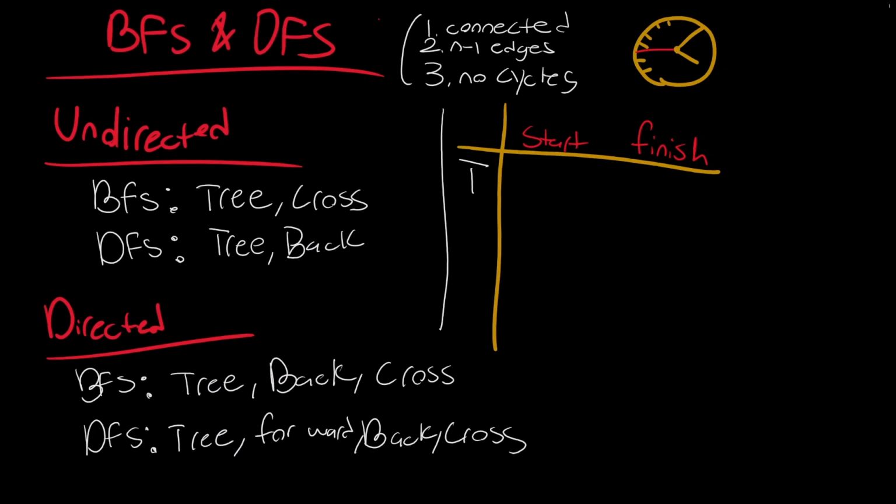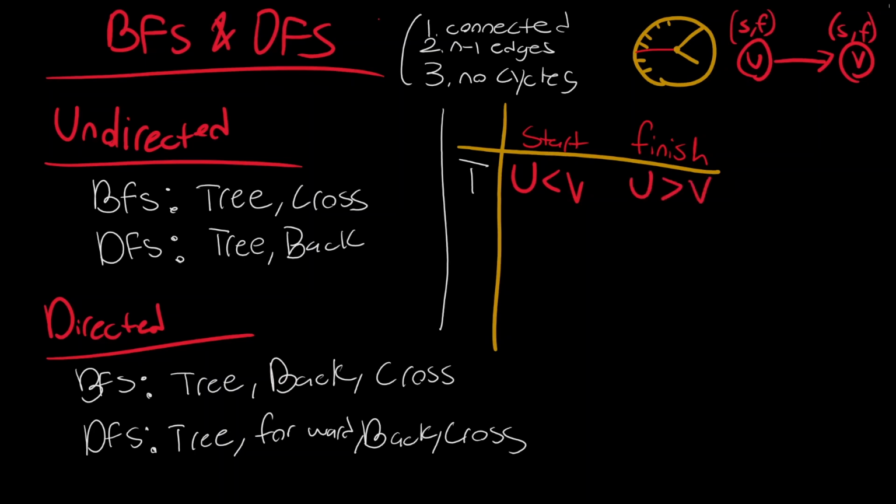So for U, U tree is less than V. So again, this notation where U is going to V, and we have a start and finish time. U's start is less than V's, and U's finish time is greater than V's.